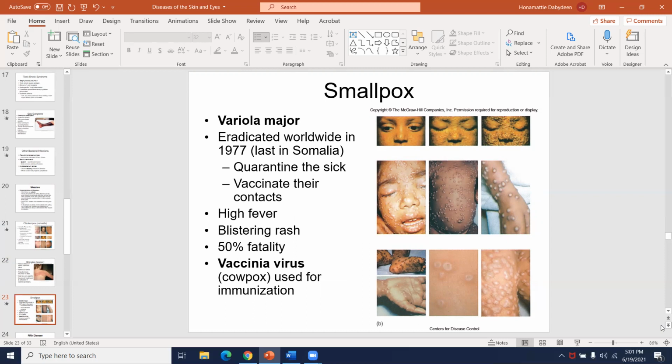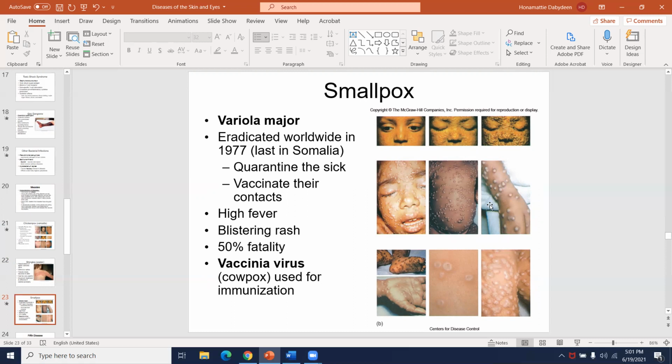And here is an organism. Look at some of the skin rashes that you see. Very large vesicles, almost like pustules. And it seems to take over the entire body.